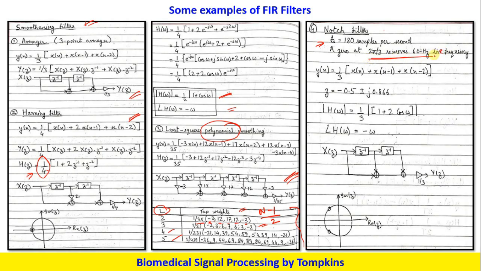If you place this zero at z equals minus 0.5 plus minus j 0.866, you will be designing a notch filter which will be able to eliminate the 60 hertz component. Now if I ask you to design a 50 hertz notch filter, you should be able to do it.